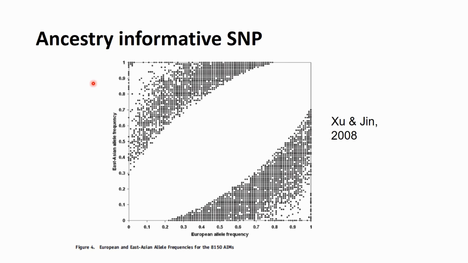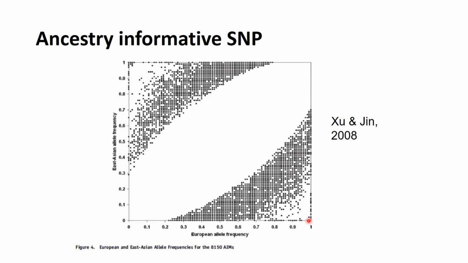I would demonstrate the idea behind the ancestry informative SNPs, showing the extreme corners of these graphs here. So here are a few SNPs that for a particular genotype are basically fixed in people with East Asian ancestry. So their frequency is 1 or almost 1, but they are not occurring at all for people with European ancestry.